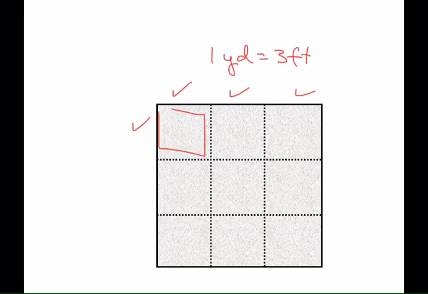So the way this is, along each edge we have 1 yard, and of course 1 yard is equal to 3 feet. So here's 1 foot, 2 feet, 3 feet. So each of these squares is what? A square foot. Okay, so how many square feet are in 1 square yard?